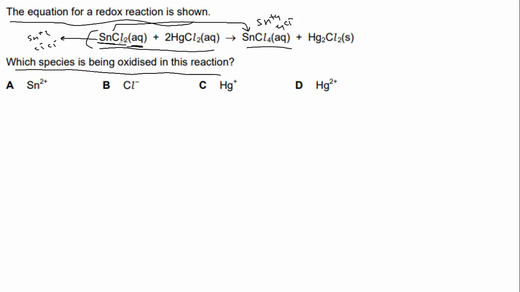So look, guys, Sn+2 becomes Sn+4. I hope this is quite clear. It was +2, then it becomes +4. So Sn+2 is the one that has been oxidized. The correct answer is A.